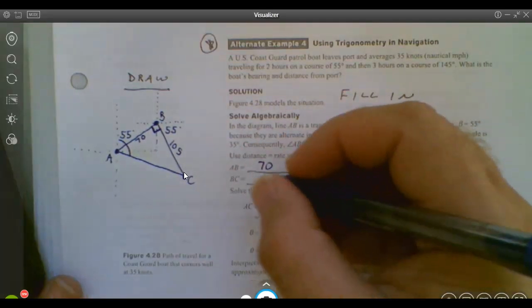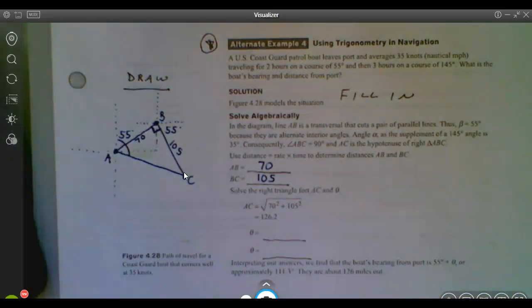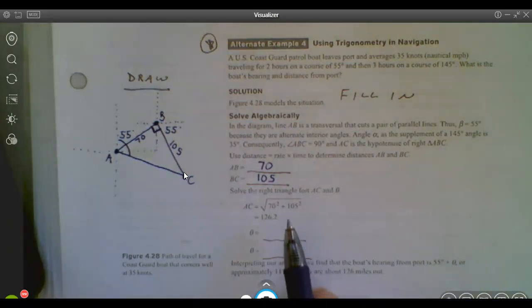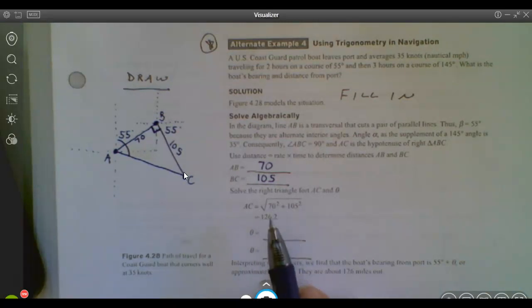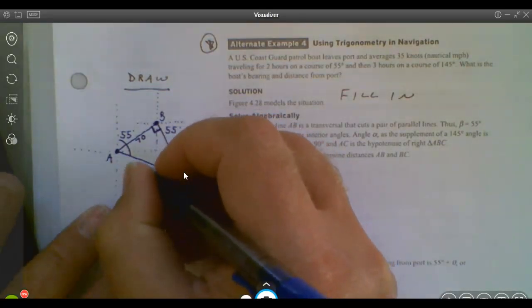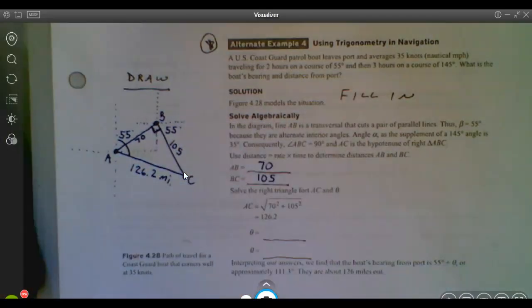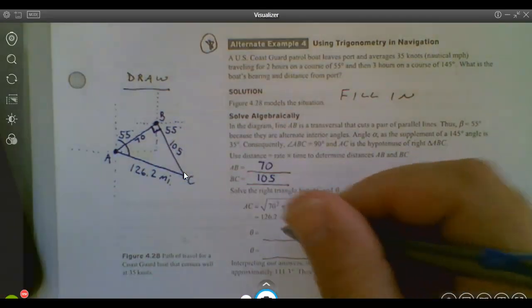We figured out BC is 105, and we need to figure out the length of AC. That was one of the things they asked us for, is how far the ship is from the port. So you can see on that one, we can now use Pythagorean theorem now that we know that it's a right angle. And so that's where this math came from, just a little Pythagorean theorem. Figure out it's 126.2 miles. So that was one of the things they asked us for.